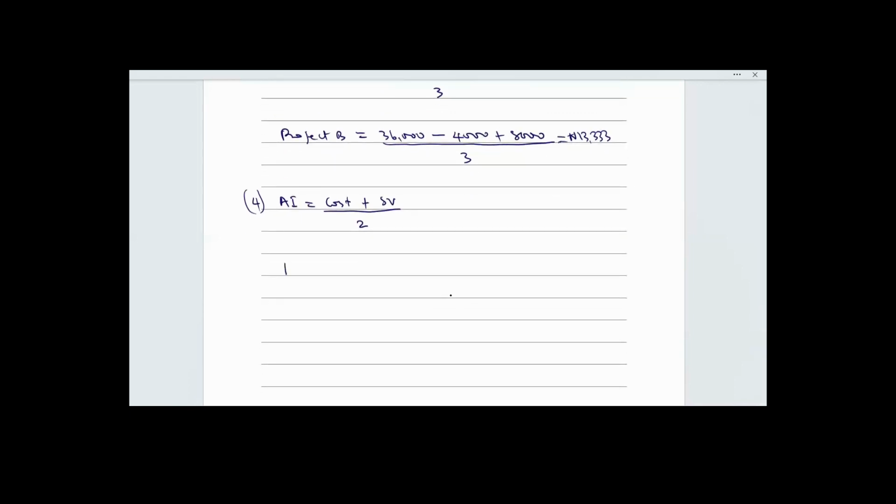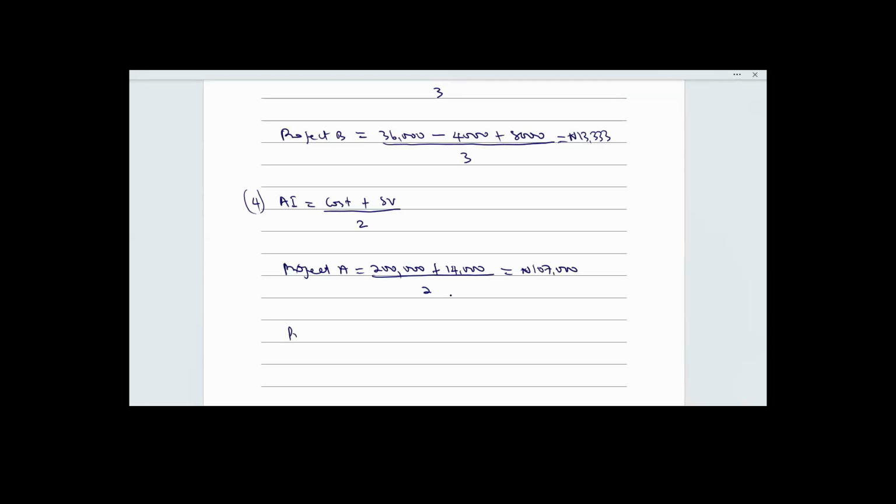So I would then say for project A, equal to cost of project A is 200,000. Plus scrap value of project A, 14,000. Divided by 2. This is 107,000.